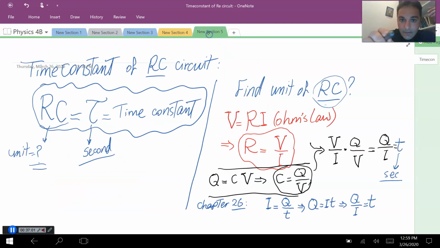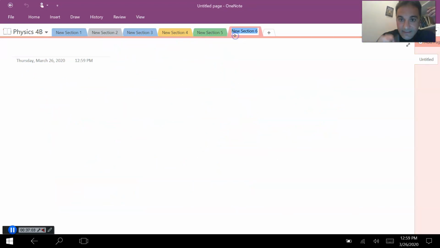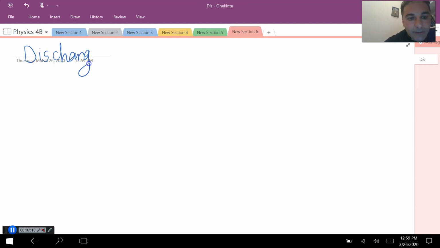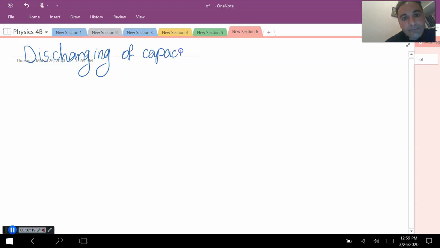Now let's see what discharging of a capacitor is. At this time, I am going to write discharging of capacitor. So we discharge the capacitor inside that light bulb.